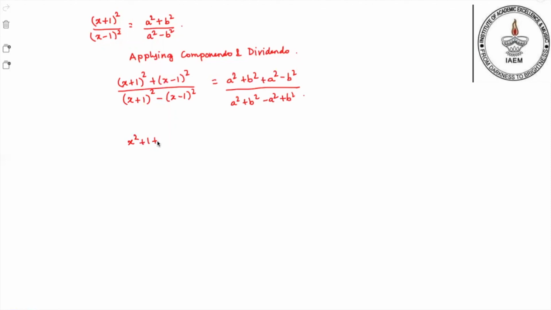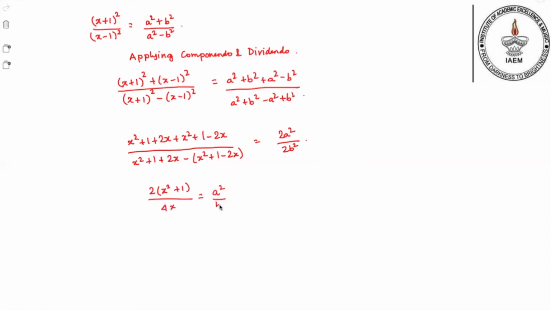That is, (x square plus 1 plus 2x plus x square plus 1 minus 2x) divided by (x square plus 1 plus 2x minus x square plus 1 minus 2x) equals 2a square by 2b square, or 2 into (x square plus 1) by 4x equals a square by b square, which implies b square equals 4a square x by 2 into (x square plus 1), which is effectively 2a square x by (x square plus 1), which was our RHS.